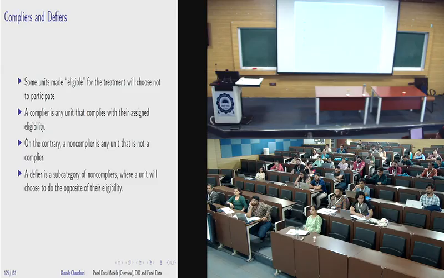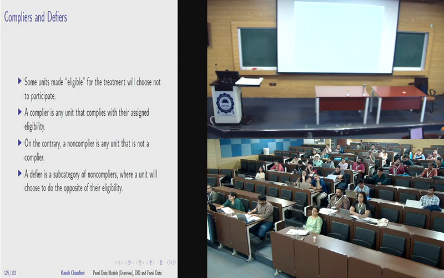How do I do it? I introduce you to two different concepts. One is compliers versus the defiers. It's straight from Wooldridge. Some units made eligible for the treatment will choose not to participate, right? I am eligible, but I don't want to participate. Possible self-selection problem. Then a complier is any unit that complies with their assigned treatment status, right? So I can think of the assigned eligibility. On the contrary, a non-complier is any unit that is not a complier.